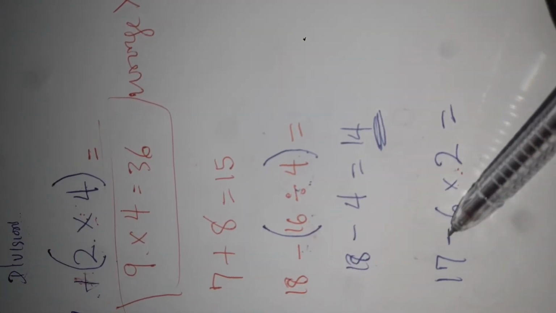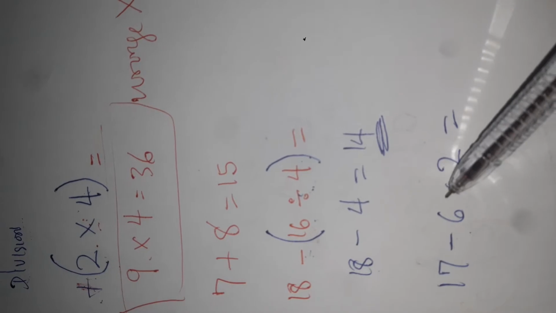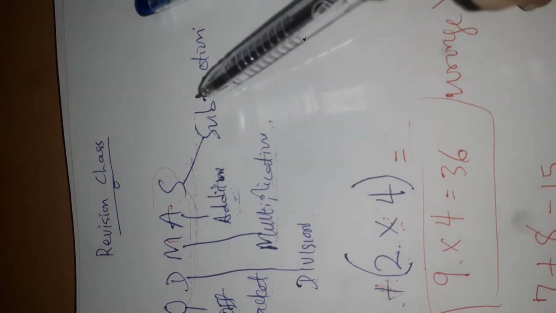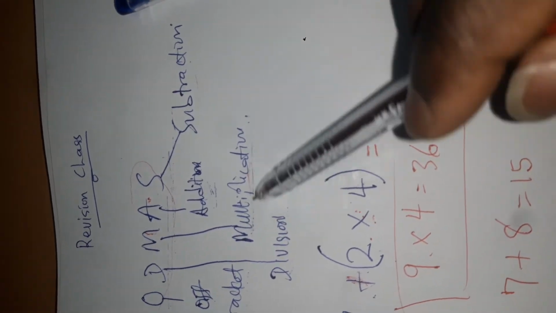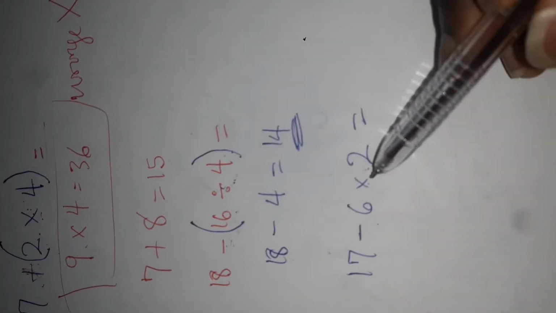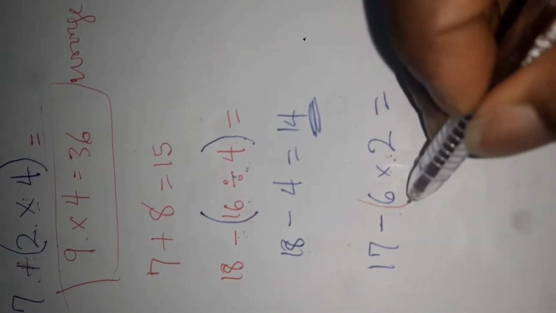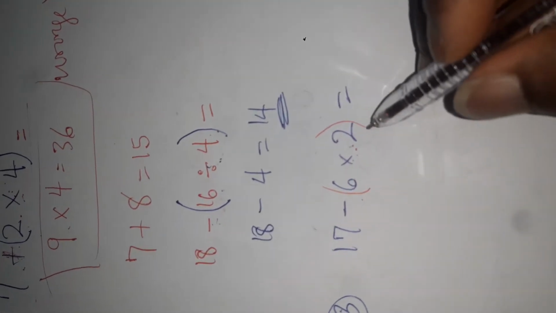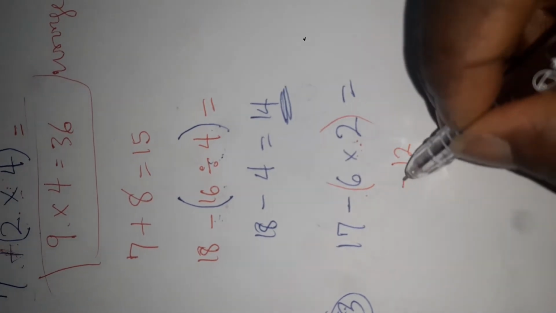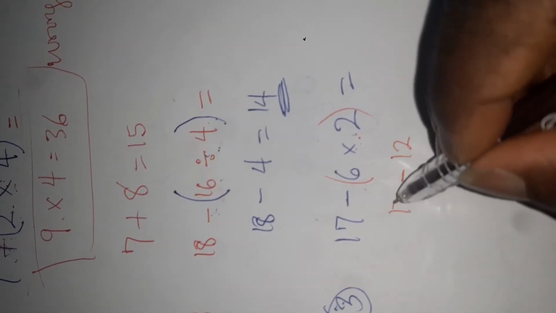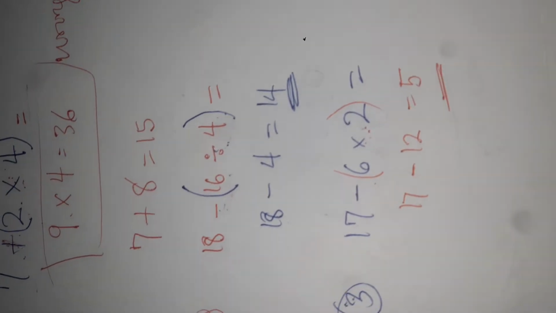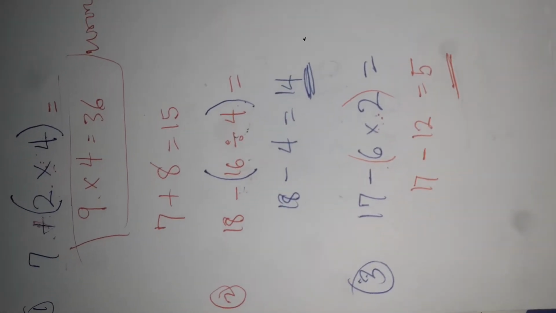Multiplication comes before minus. Now check. Here is multiplication and here is subtraction. So this comes first. So we are going to solve for multiplication first. So you put it in a bracket. Okay. Now 6 multiplied by 2 is what? Is 12. And you have minus, and this is 17. So 17 minus 12 is what? You have 5. Okay, so this is how to solve it.